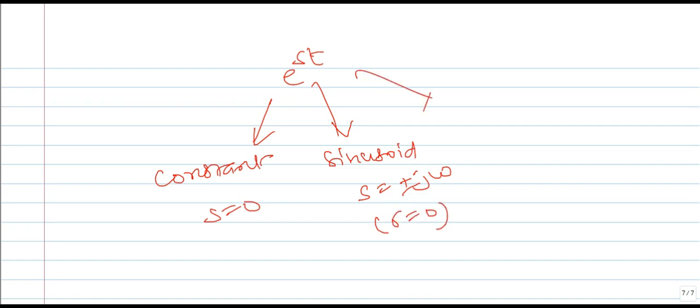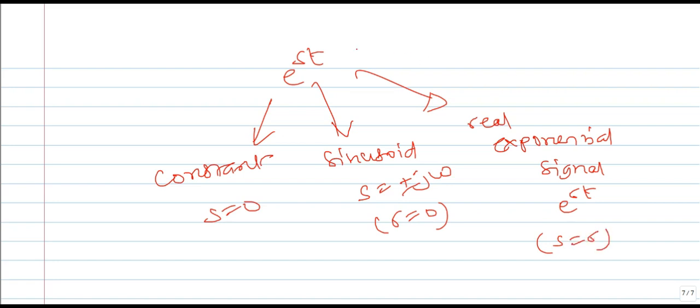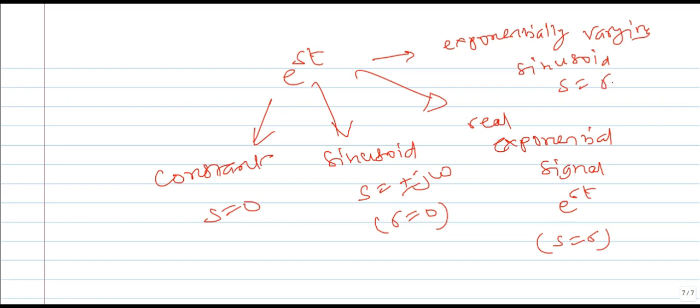Third, it gives a real exponential signal e to the power sigma t, and in this case s is equal to sigma. In the last case it gives us an exponentially varying sinusoid, when s is sigma plus j omega, and depending on the value of sigma, whether it is negative or positive, its amplitude will be growing or decaying.